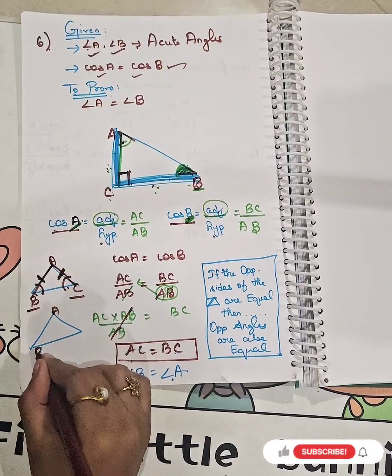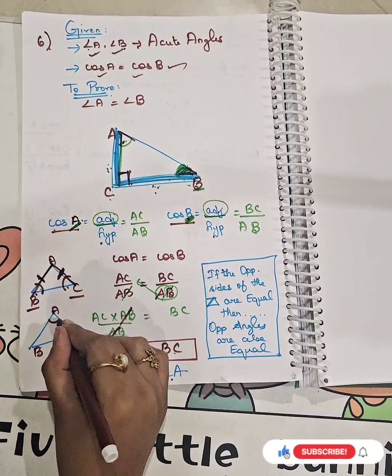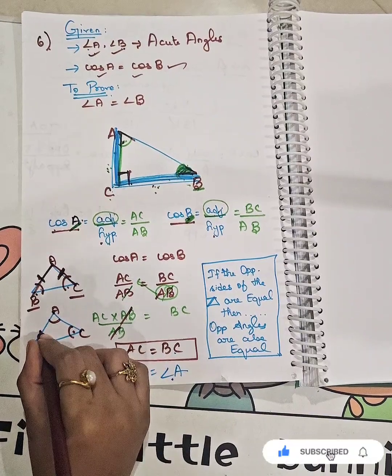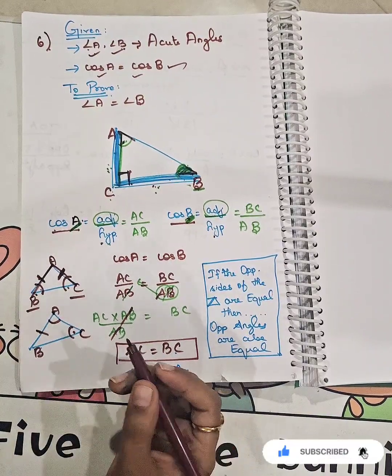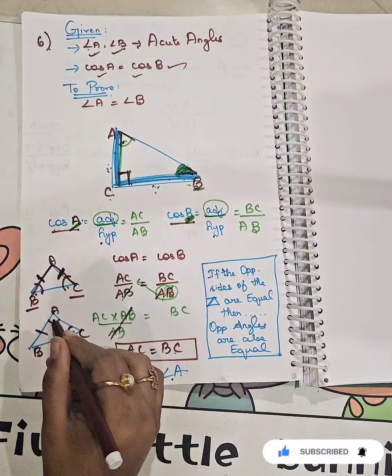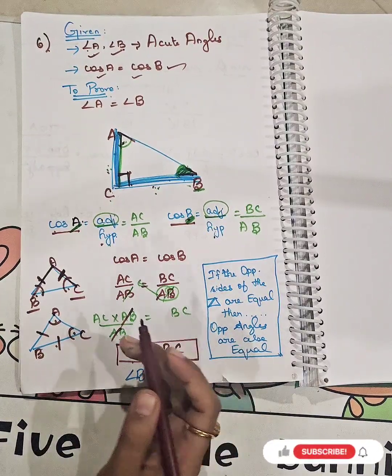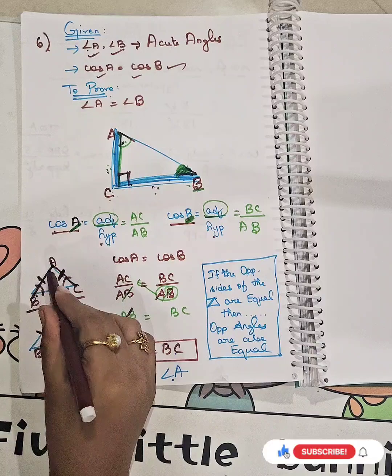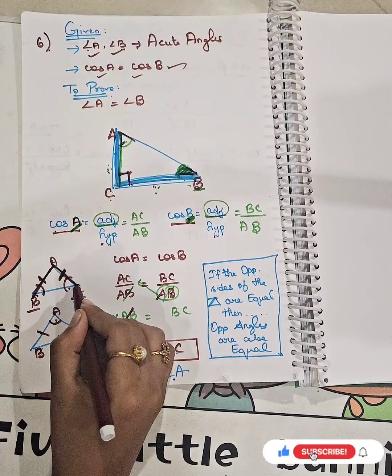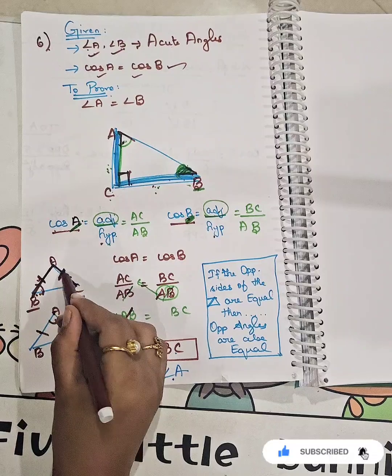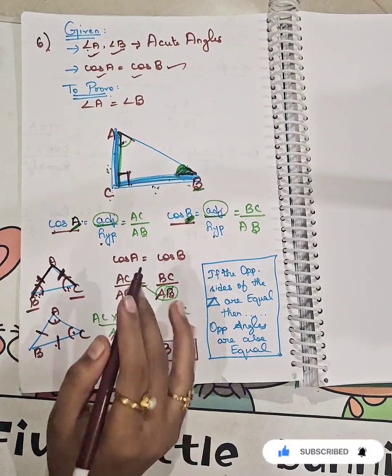If suppose they are giving angle A is equal to angle C, which means the opposite side to this, AB, is equal to the opposite side for this, BC. Hope you can understand, students. If the sides are equal, then the opposite angles of those sides are also equal.